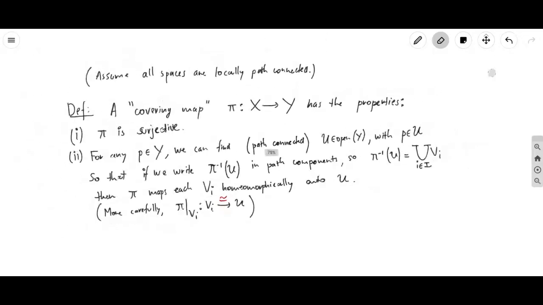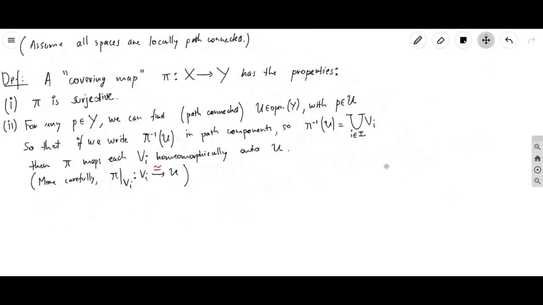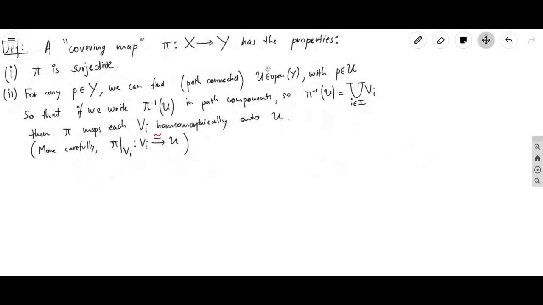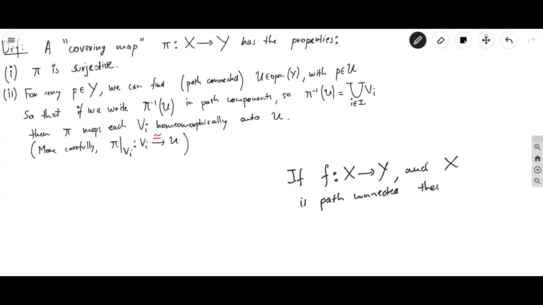Now I want to just clarify something that will hopefully make this a little bit easier. So if f is a continuous map and X is path connected, then f of X, the push forward, which is of course a subset of Y, is also path connected.